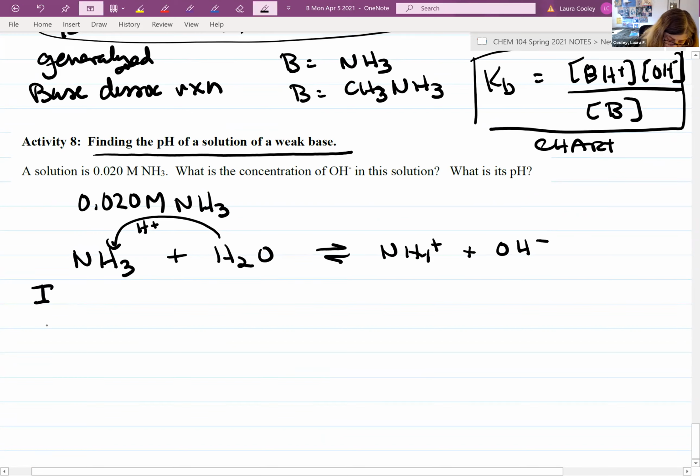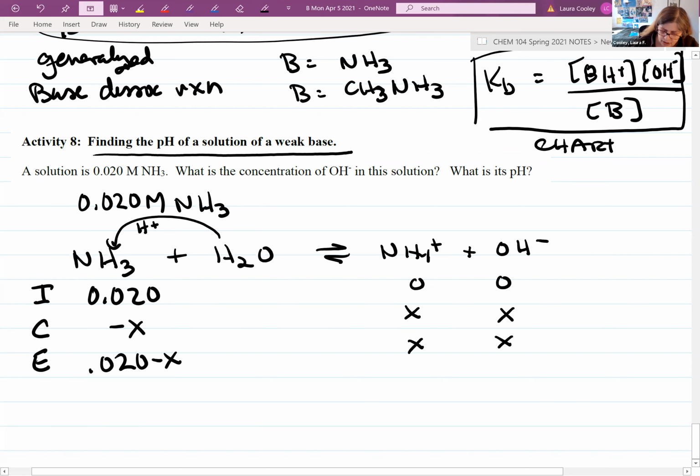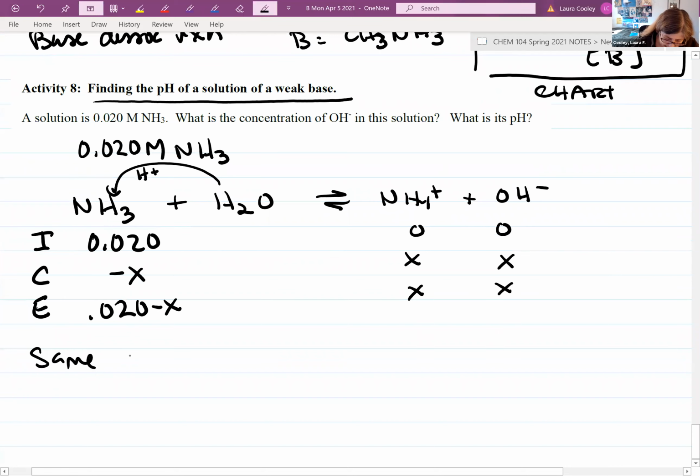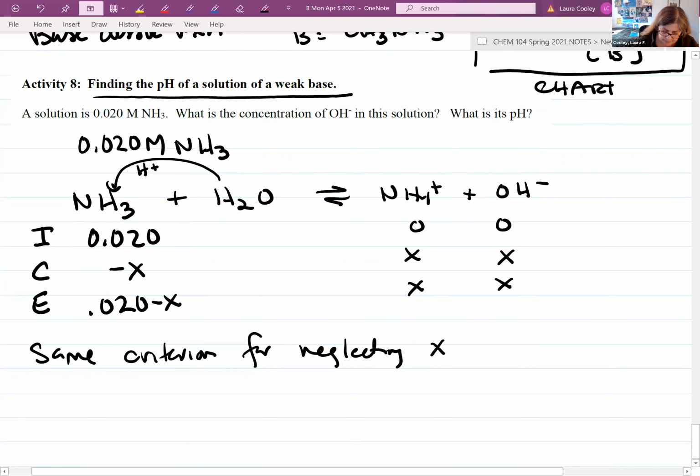And it involves, of course, solving another ICE problem where I start the same as always, 0.020 molar ammonia, and 0, 0, then x, x, and minus x. And we have the same criterion for neglecting the x.